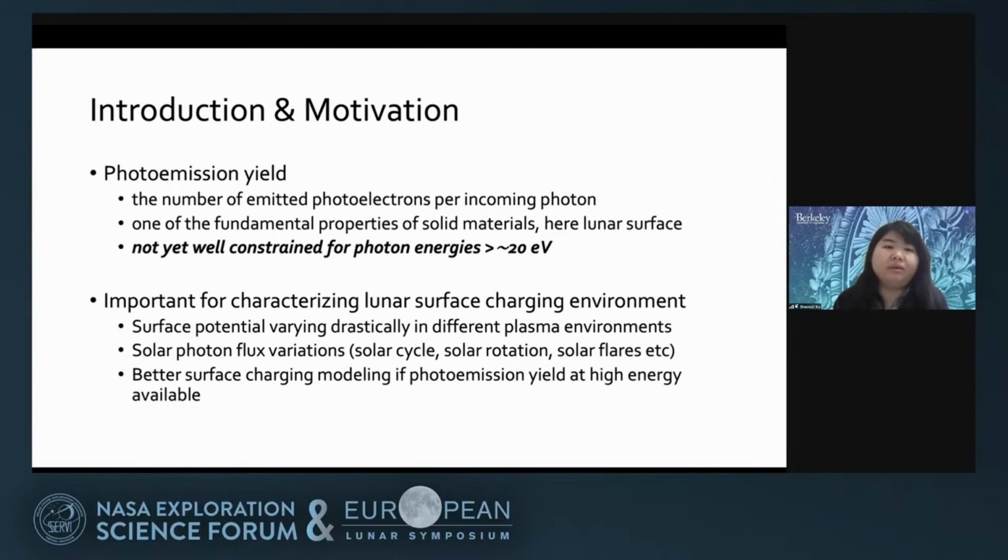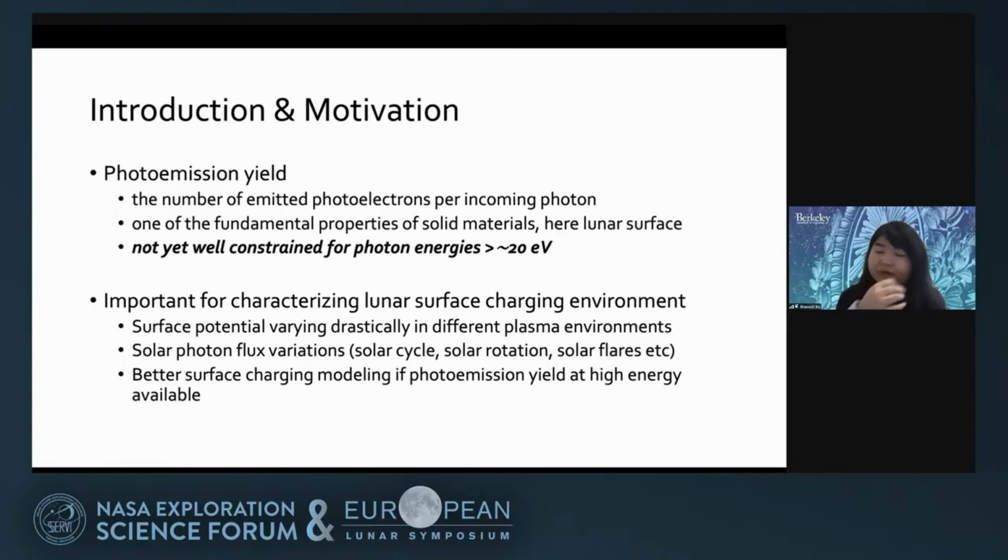The main motivation for studying this quantity is to better characterize the lunar surface charging environment. The surface potential, we know, varies dramatically in different plasma environments, and also in response to solar photon fluxes, which vary a lot through the solar cycle, solar rotation, and also solar flares.